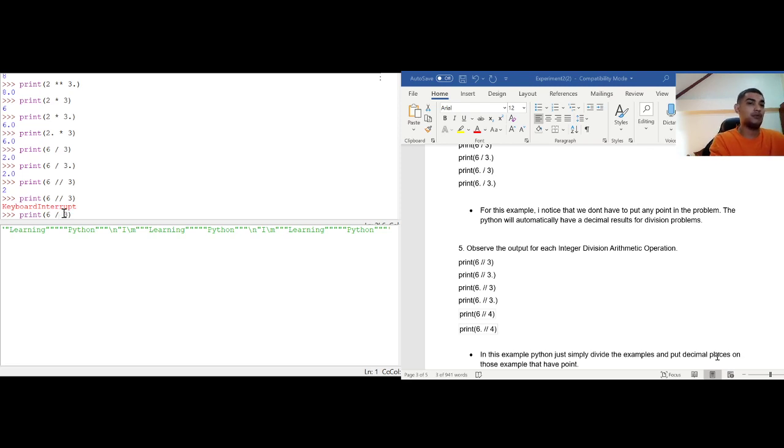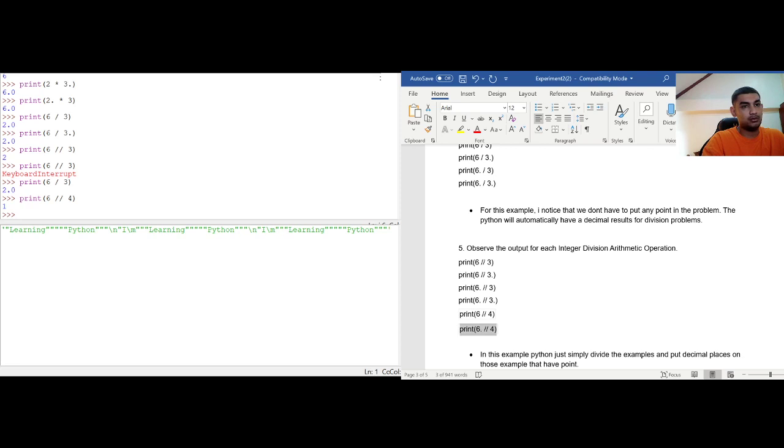What if we remove one slash? See, we will have a result of 2.0 that has a decimal point. For string number 6 and example number 5, we will now try to divide 6 by 4. Then, as you can see, we have an answer of 1.